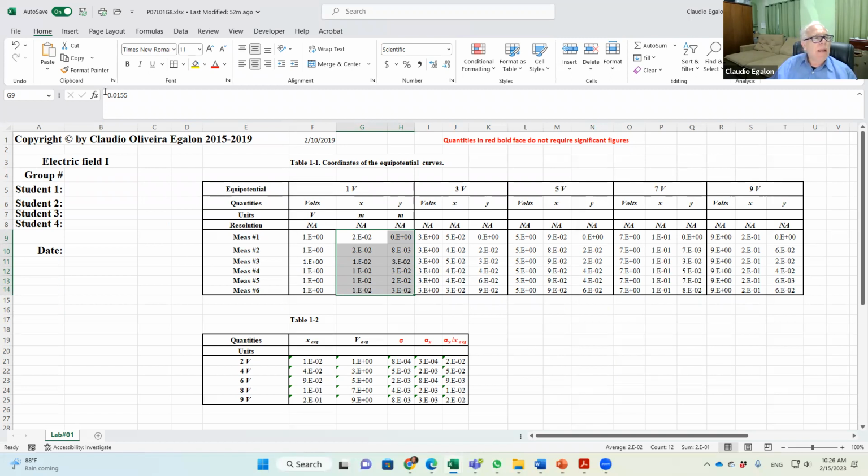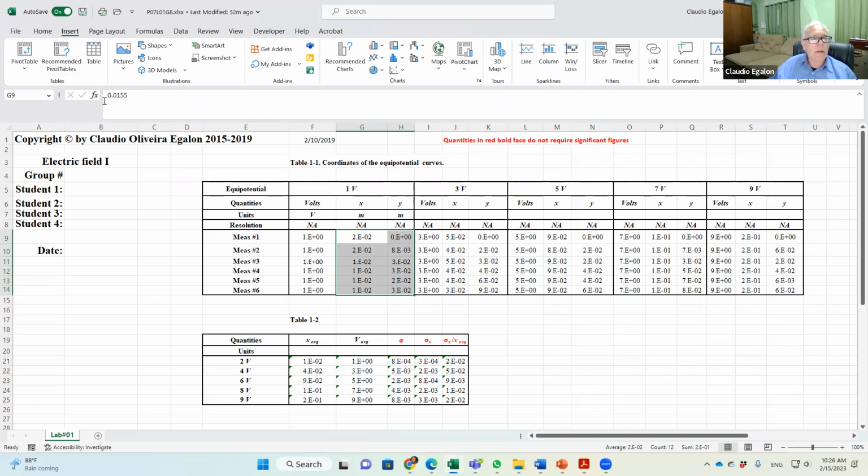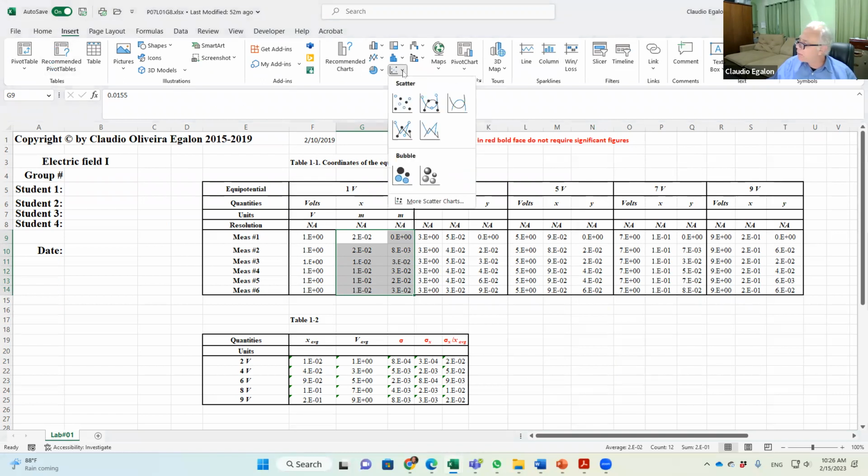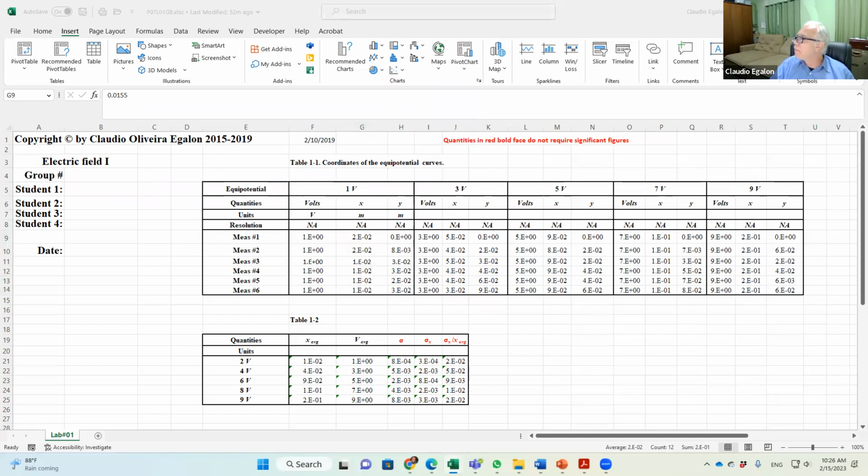Okay, ready? Insert, go to charts, scatter plot. Here you go.